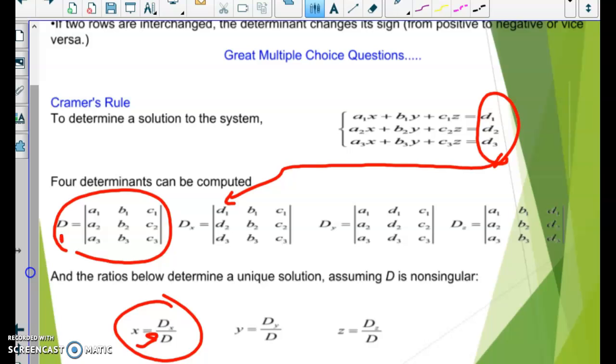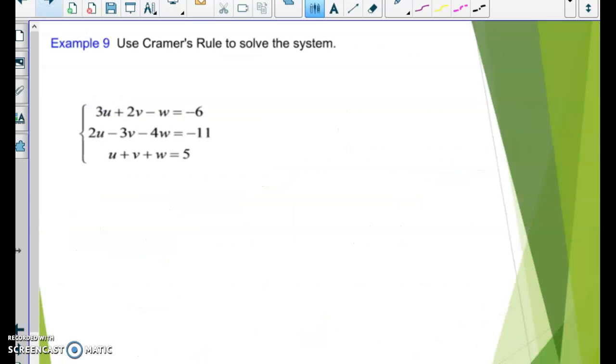If you divide that by the determinant of the other, you'll get your x value for the whole thing. Same is true with the y's. If you replace the y column with the answers and divide by your original, you'll get that answer, and the same is true with the z's. So let's play with this a little bit and see if we can get one of those to work. We may not get this all done in 4 minutes, so I'm going to start a new video.